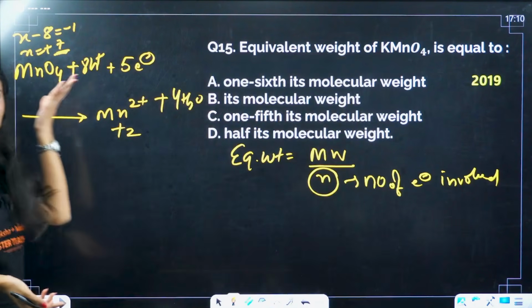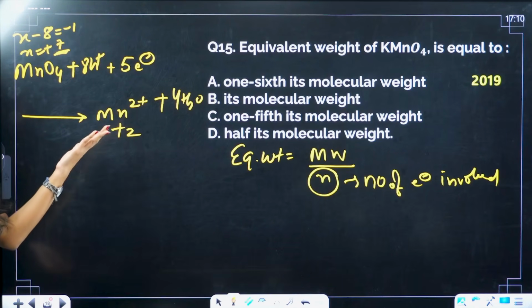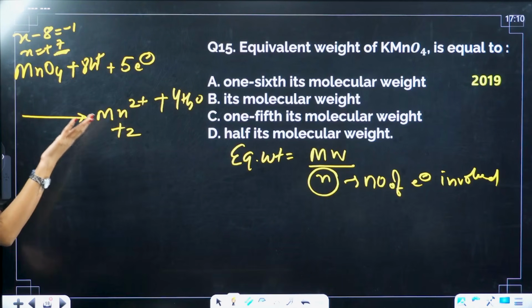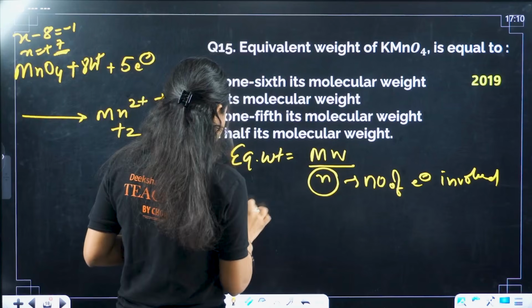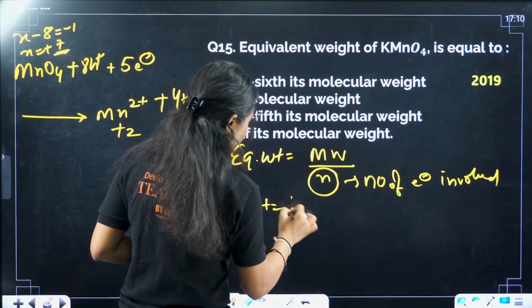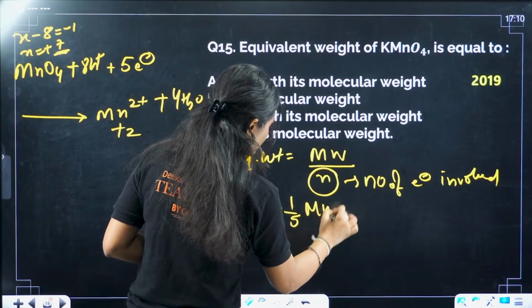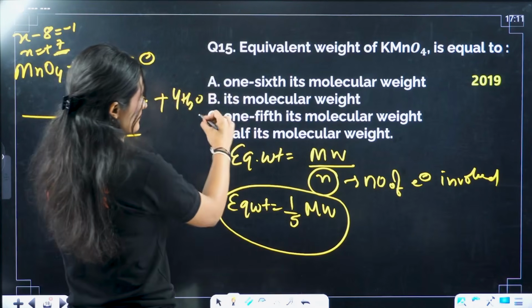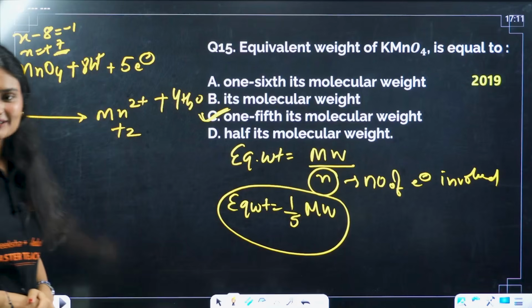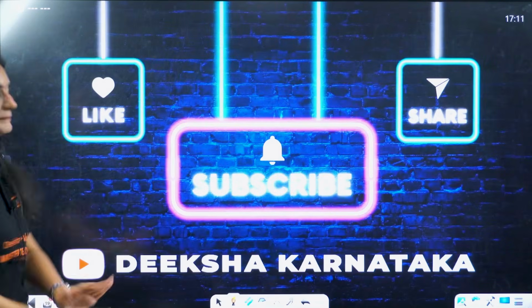MnO4 negative getting converted into Mn2 positive, so 5 electrons. That means the equivalent weight is 1/5 of its molecular weight. Clear? Okay. Yep, that's all.